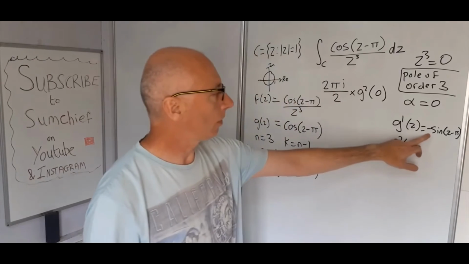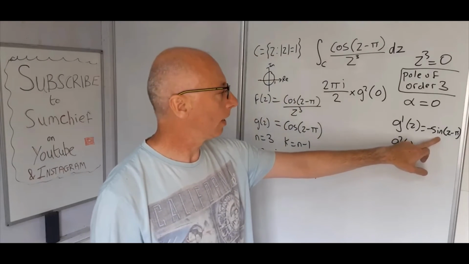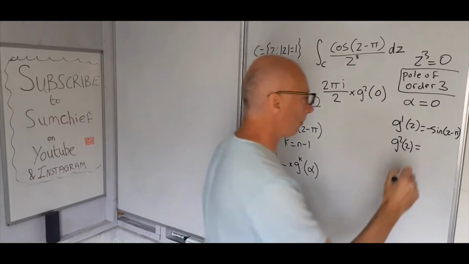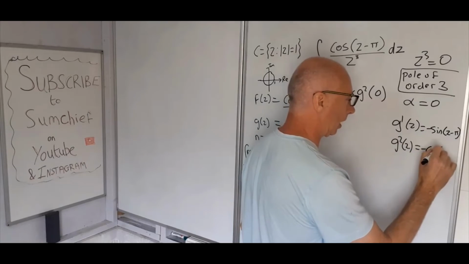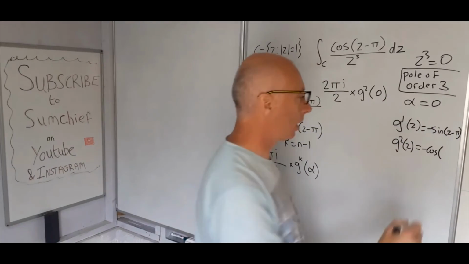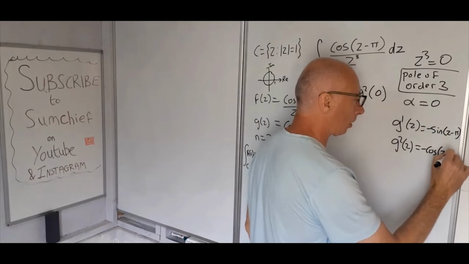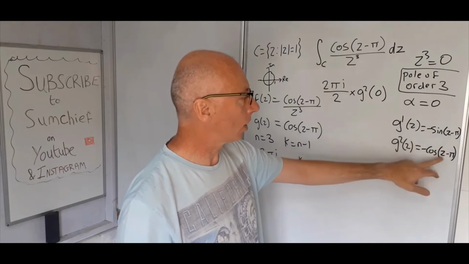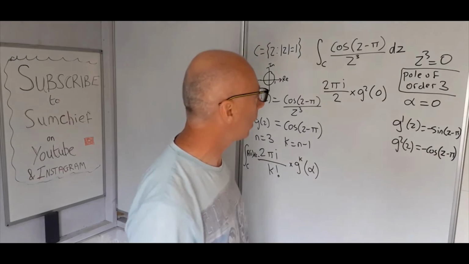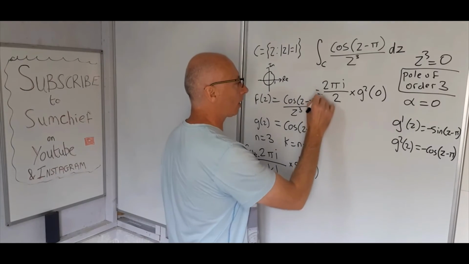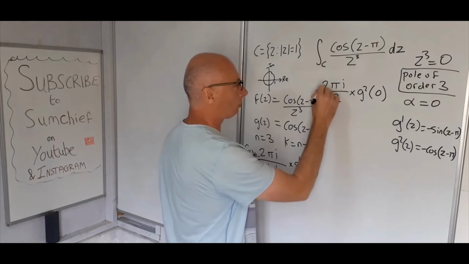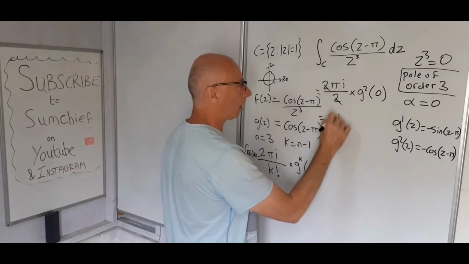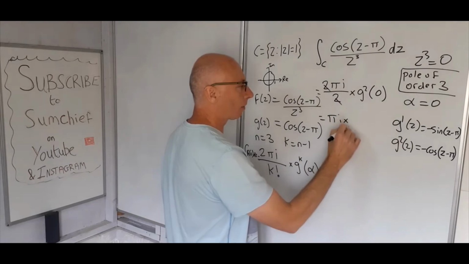So the second derivative of minus sine will be minus cosine, and again chain rule, z minus pi is still 1. The input to the trig function that we're taking the derivative of doesn't change, so minus cosine of z minus pi.